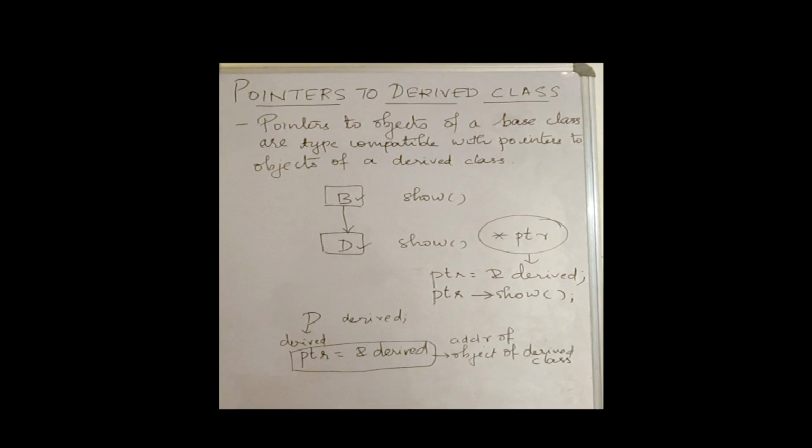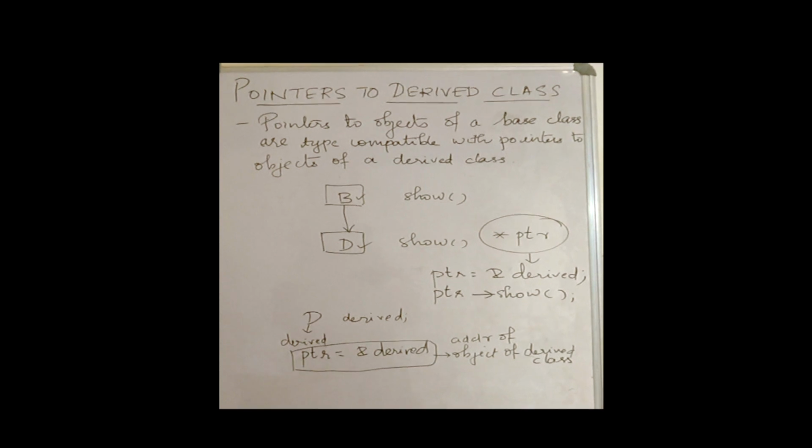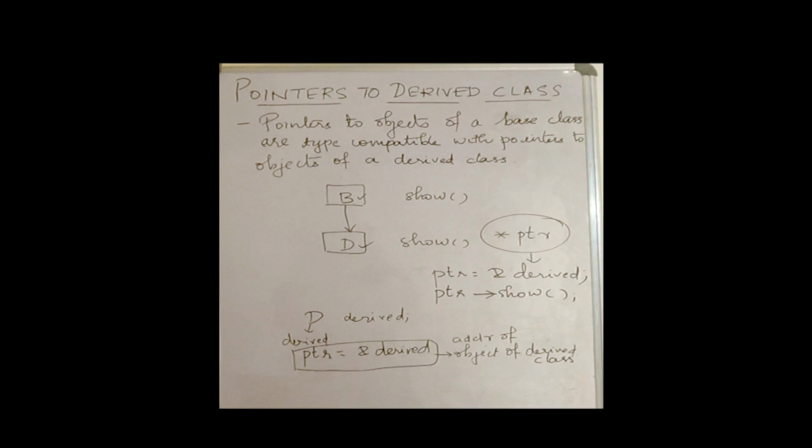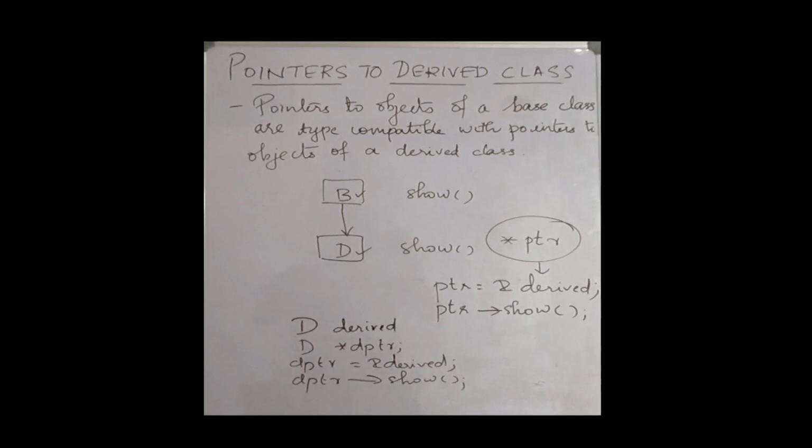This show actually belongs to class D. Those functions and data members that belong to D cannot be accessed by a base class pointer even though it contains the address of a derived class object. That is another point. If we want to access the show function, what should we do?